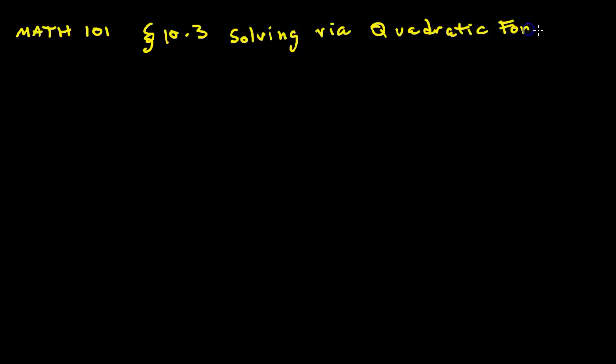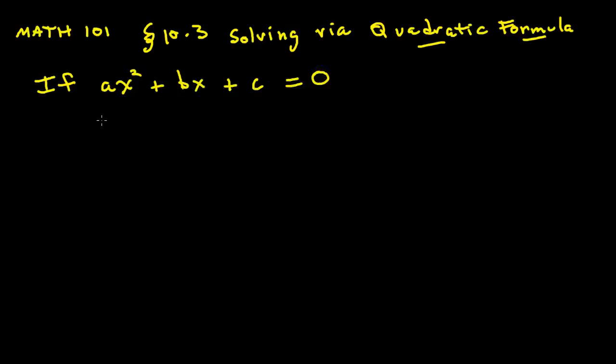Now, the quadratic formula is a well-worn topic in high school. I'm sure we've all seen it before. What it refers to is equations of degree 2, in other words, where the highest power you see on any variable is a 2. Let's give you a standard form degree 2 equation.